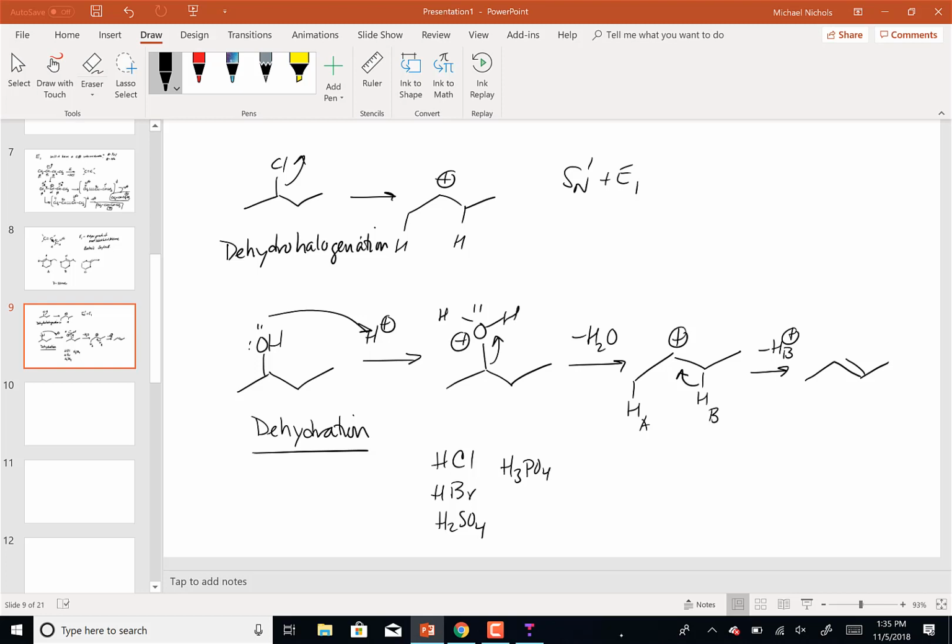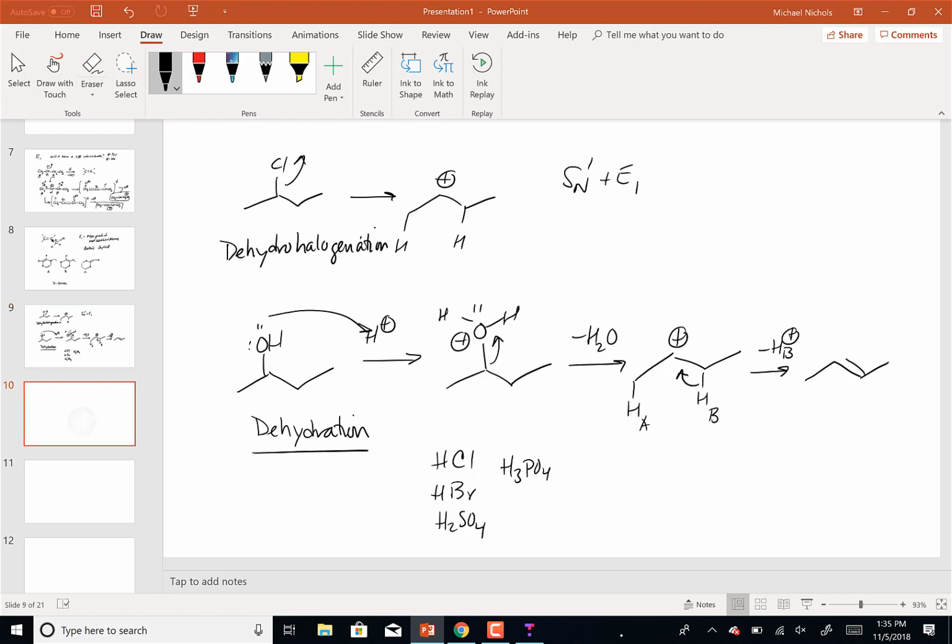What did we reflux for 45 minutes? An alcohol. What kind of alcohol? A primary alcohol. And what did we add to the primary alcohol? Sodium bromide and sulfuric acid.